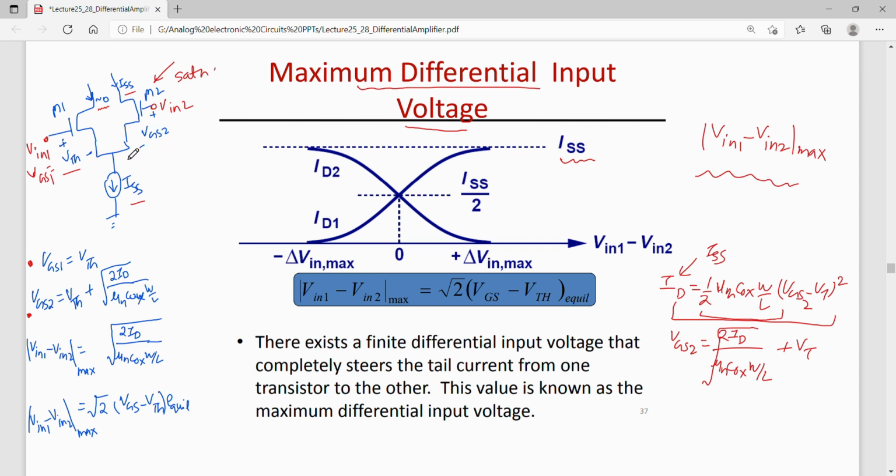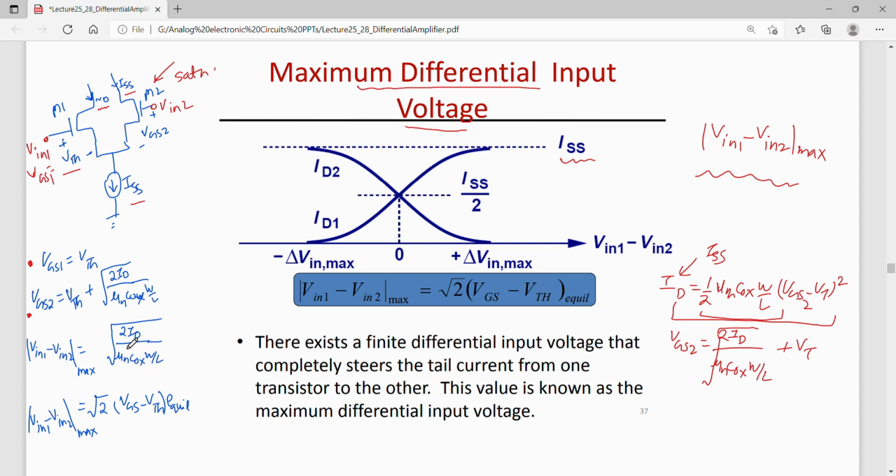Okay, so I can find out Vin1 minus Vin2, the maximum value. If I subtract VGS1 and VGS2, this gives Vin1 minus Vin2, so VTH is common here, it goes off, and I'm left with only this term. That means the maximum differential input voltage is equal to this much.